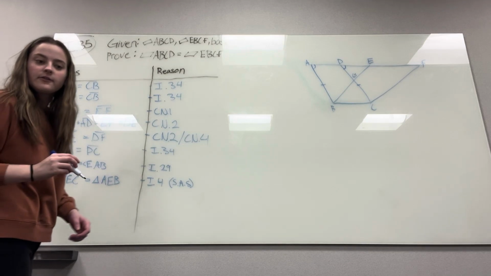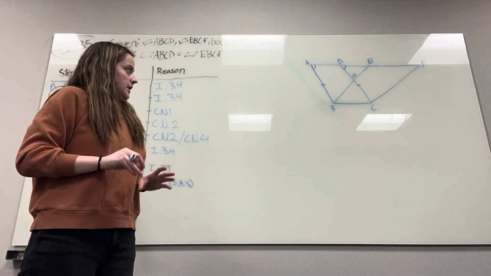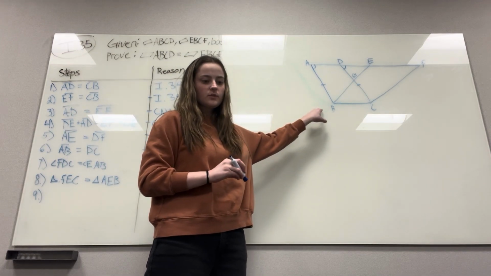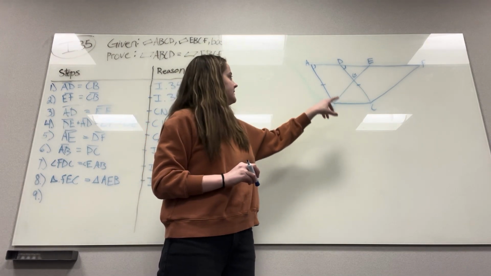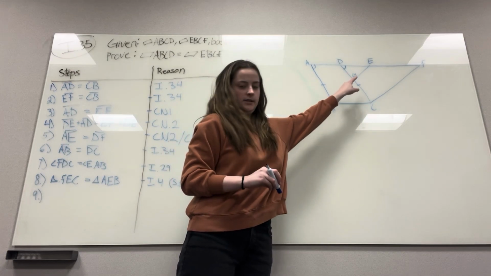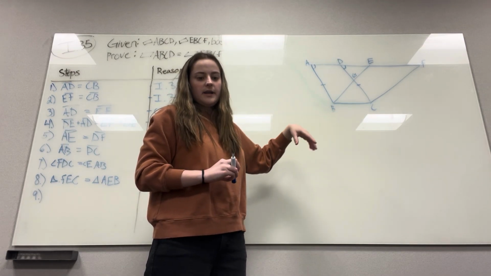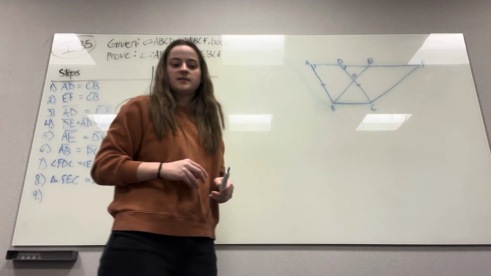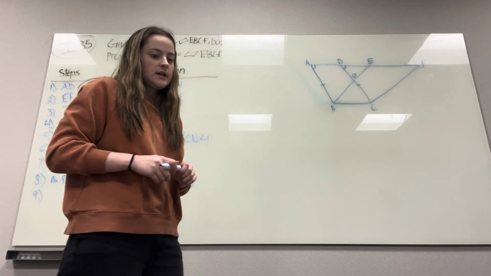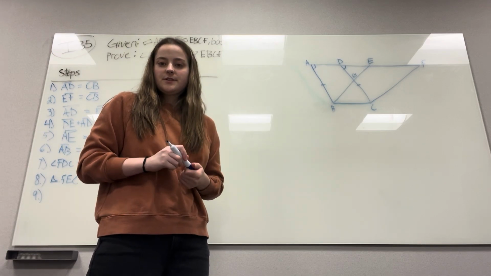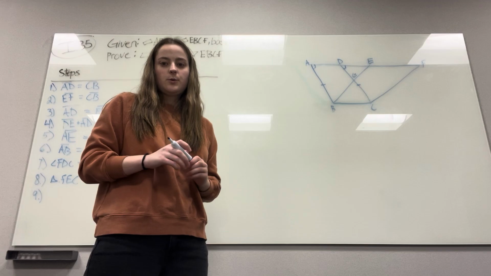Okay, and for step 9, we're going to say that triangle EAB minus DGE is equal to FDC minus DGE. And this is because of common notion 3, because angles which are subtracted, equals which are subtracted from equals will be equal.